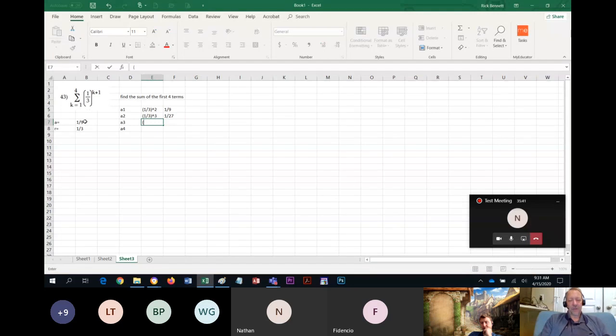And then 1/3 to the 4th power and 1/3 to the 5th power. Now, if I put an equal sign in here, the problem with Excel is it's going to turn everything into a decimal. It's not wrong, it's just not the formula I would like to see.